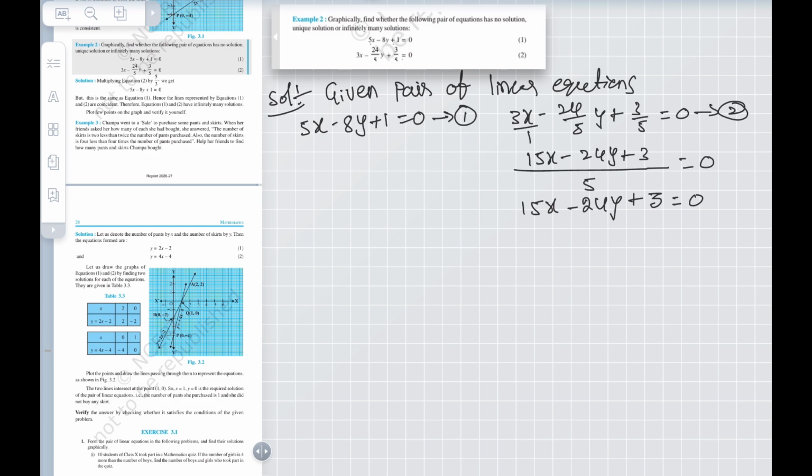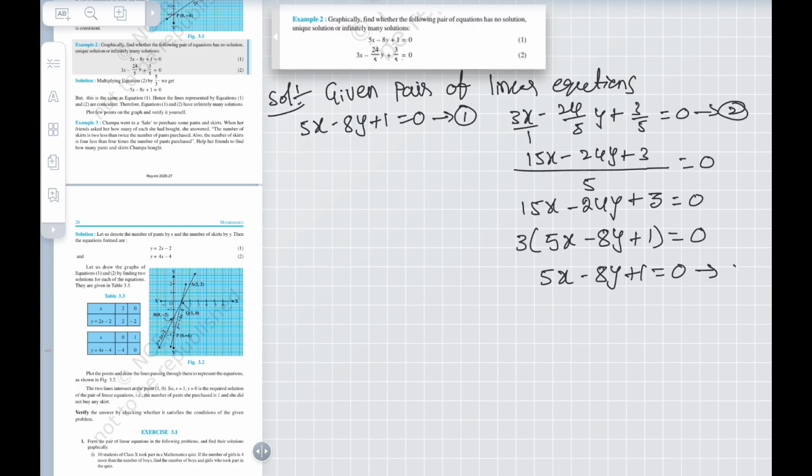So here observe 15, 24, 3. All are multiples of 3. So take 3 common. 3 fives are 15, so 5x minus 8y plus 1 equals 0. So then 3 is multiplying the entire expression, then it gets transferred to the other side and divides 0. 0 by 3 is 0 again. So finally you are left with 5x minus 8y plus 1 equals 0.